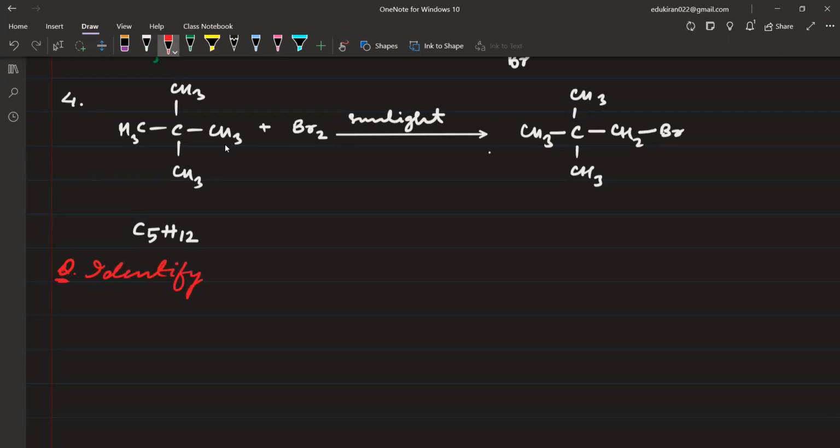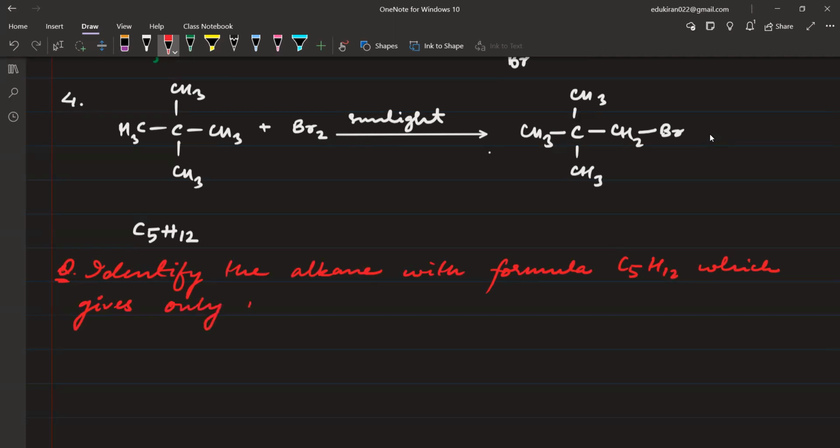Identify the alkane with formula C5H12 which gives only one monochloro product on photochlorination. ठीक है?